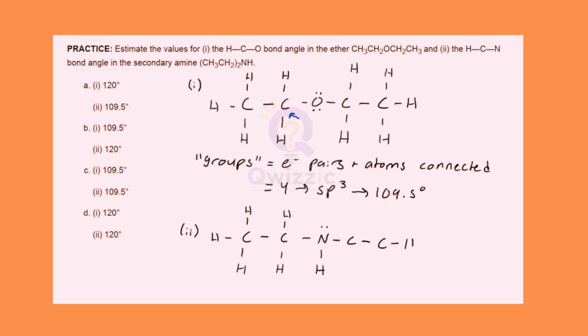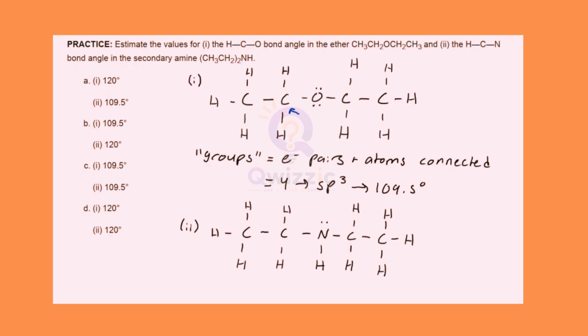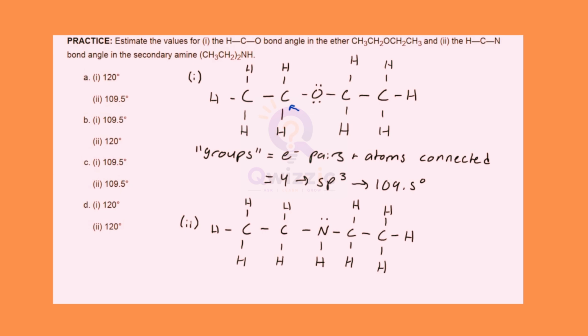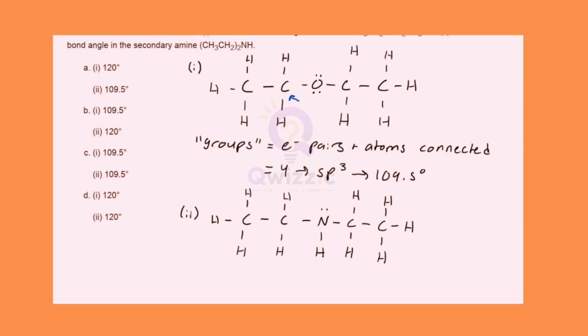And so I'm going to do the same thing here on the other side of nitrogen, since both R groups are the same. So this time for part 2, we're examining the HCN bond angle, which means that carbon is once again the center, or the reference point.